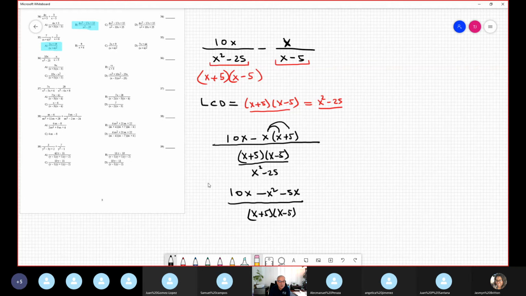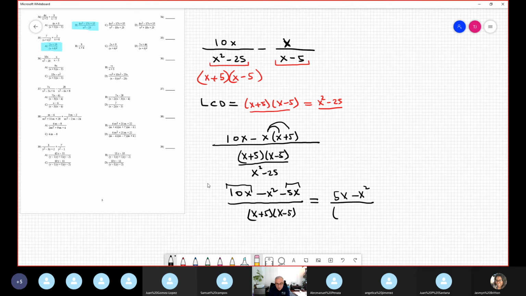Of course. You have to, look, these are like terms. 10 and 5, a 5. Entonces, 5x minus x squared over x plus 5, x minus 5.